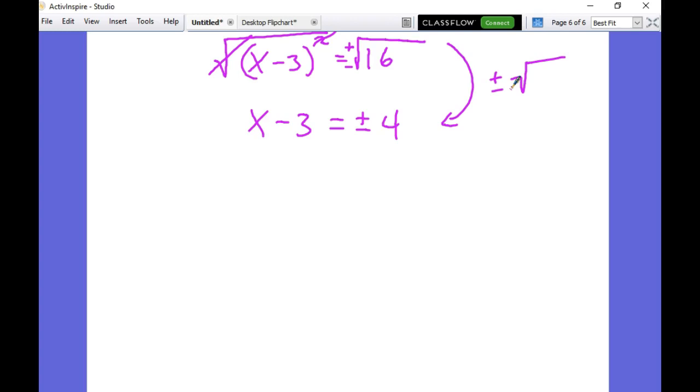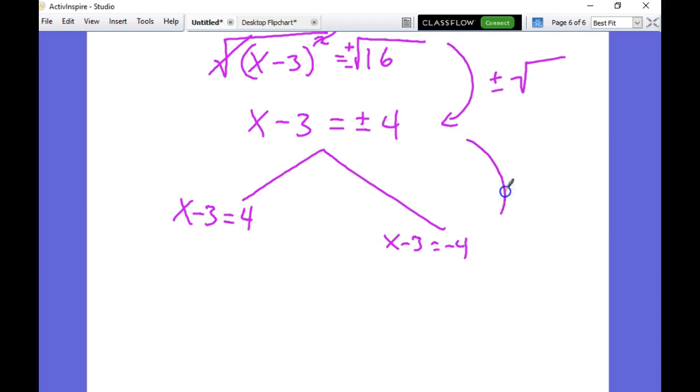At this point, we're going to write 2 equations. Because x minus 3 can equal what? It can equal positive 4 or it can equal negative 4. So we're going to split the equation up into 2 there, okay? And over here we're going to add 3. And over here we're going to add 3.